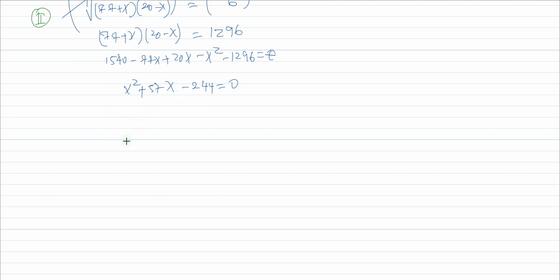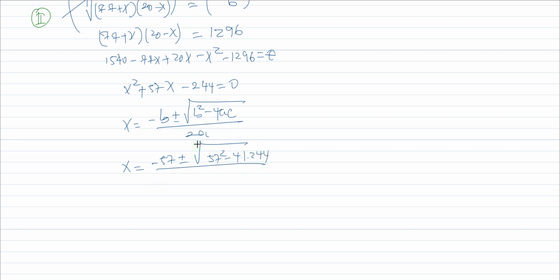Solving this equation, there are so many things we can do, but let's say x is going to be negative b, plus or minus the square root of b squared minus 4ac, all divided by 2a. So x is going to be equal to minus 57 plus or minus the square root of 57 squared minus 4 times 1 times c, which is 244, divided by 2 times 1, which is the value of a, so this is 2.